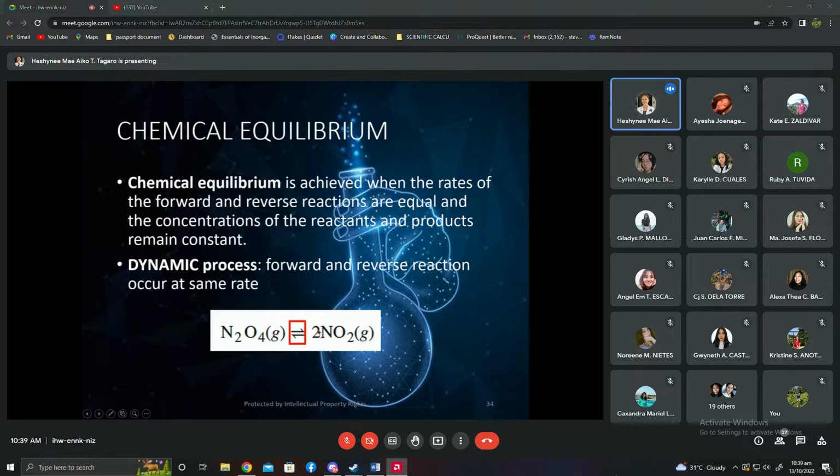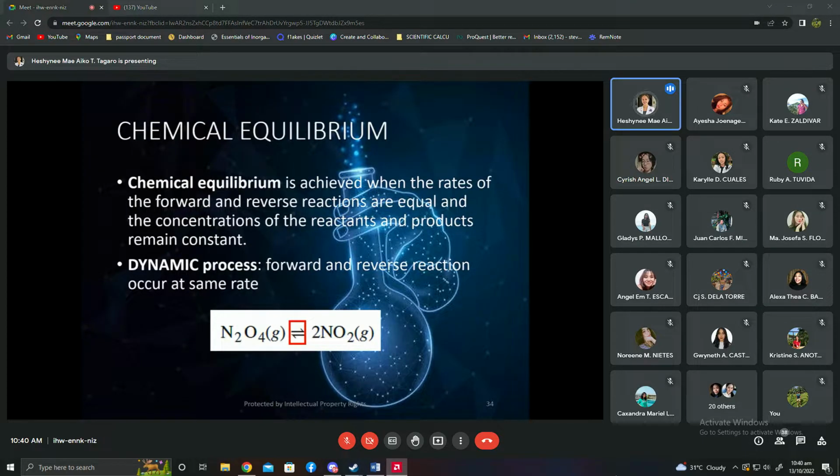That is why a system at equilibrium has an equal rate of decomposition of the reactants and equal rate of the formation of the products and vice versa. All right? So all reactions are reversible, but many reactions for all practical purposes proceed in only one direction.